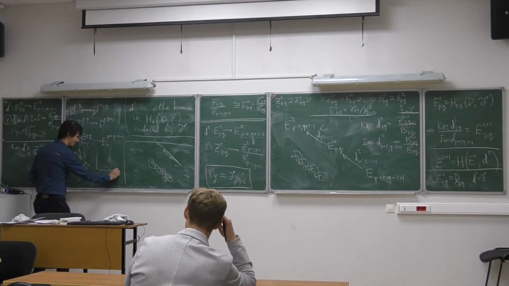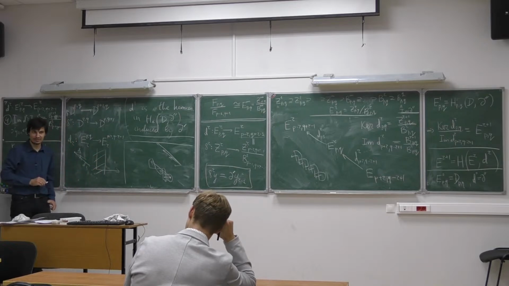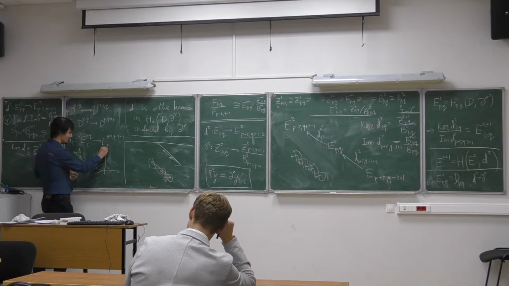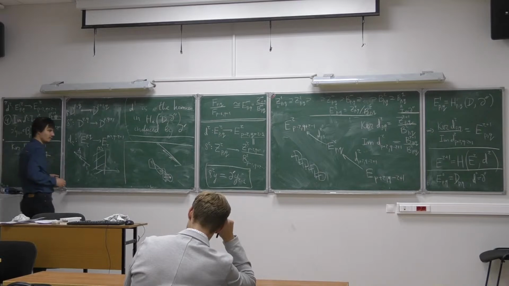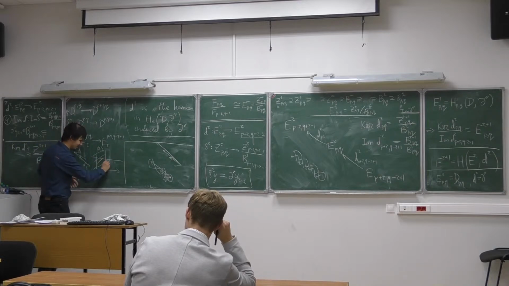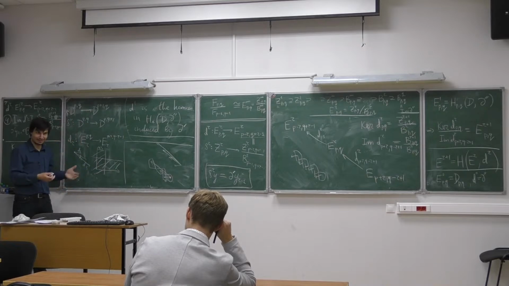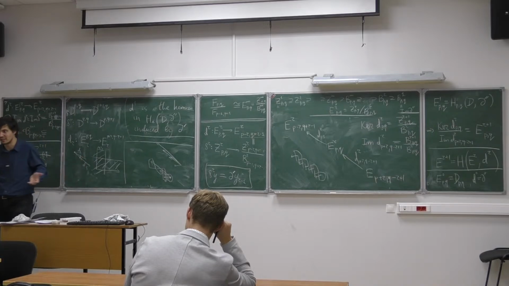In one situation, the filtration is by those classes which can be represented to the left from some line p equals s. In the second situation, the filtration is by those classes which can be represented below some line. Of course, these two filtrations are not related to each other in any way.